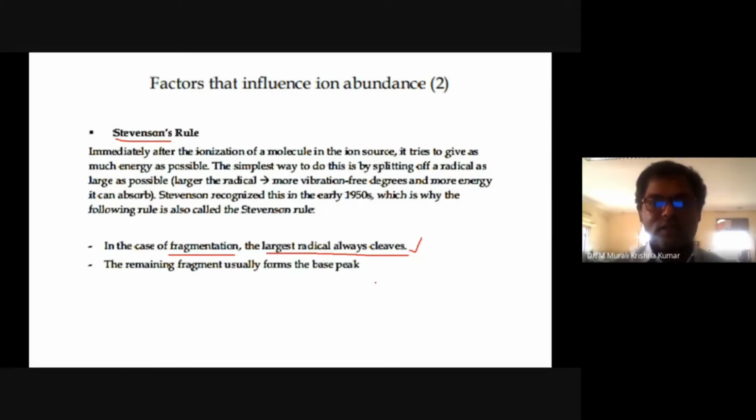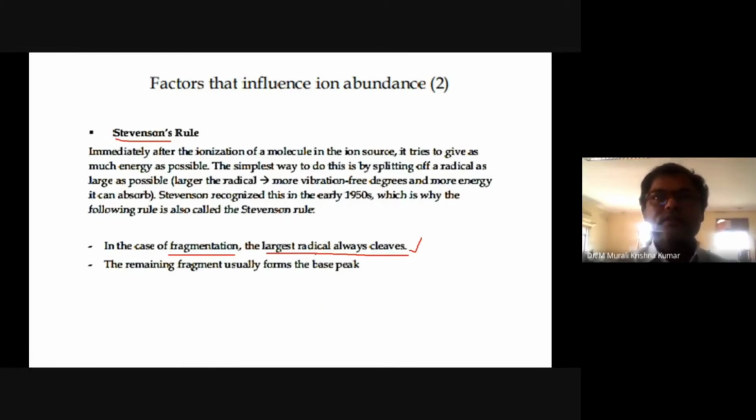When a big molecule is fragmenting, the positive charge tends to remain with the largest fragment. In that way, slowly the molecule fragments, and ultimately the smaller fragments arise.